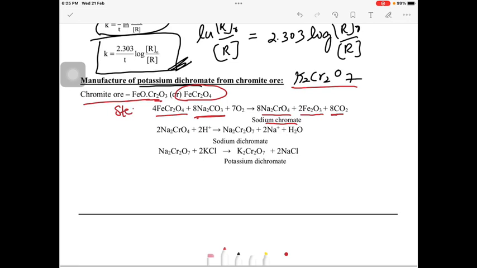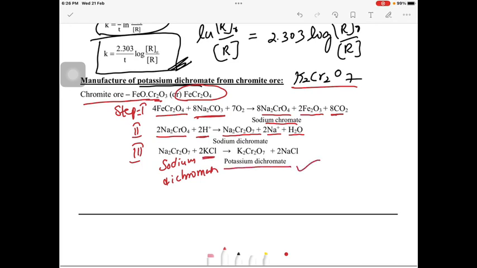That is step 1. In step 2, Na2CrO4, sodium chromate, undergoes acidification and gives rise to sodium dichromate Na2Cr2O7 and H2O as byproducts. In step 3, sodium dichromate is treated with KCl to give potassium dichromate.